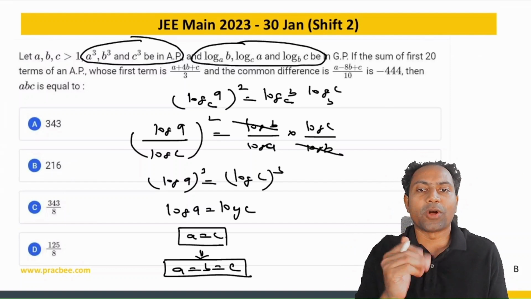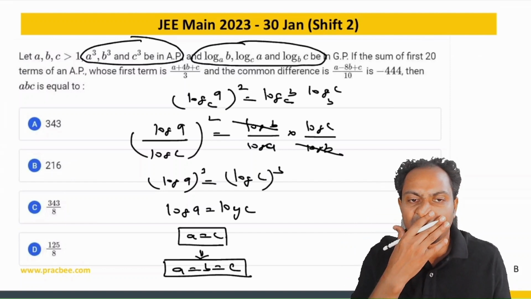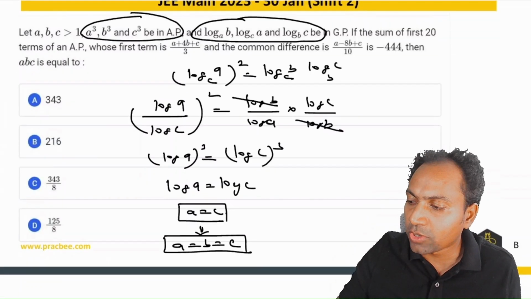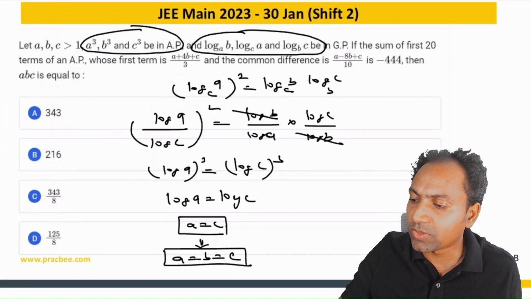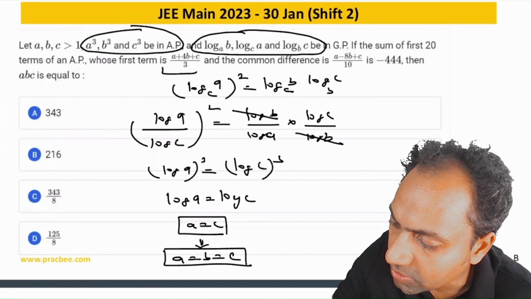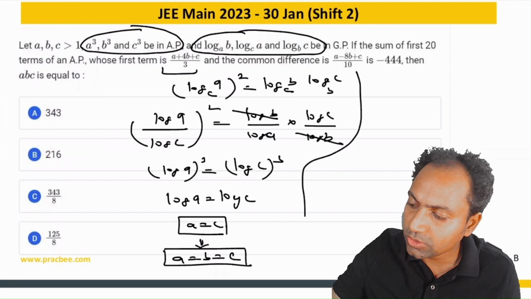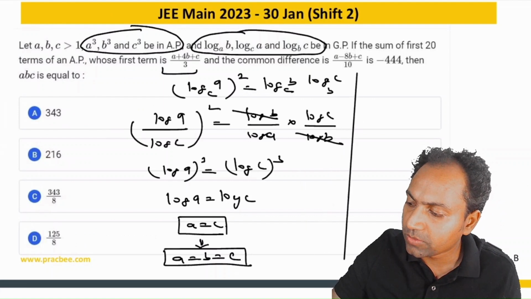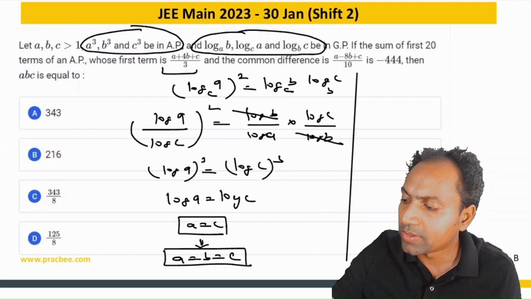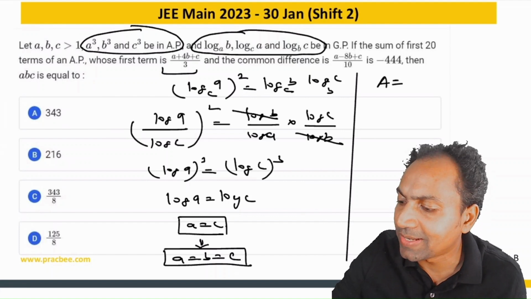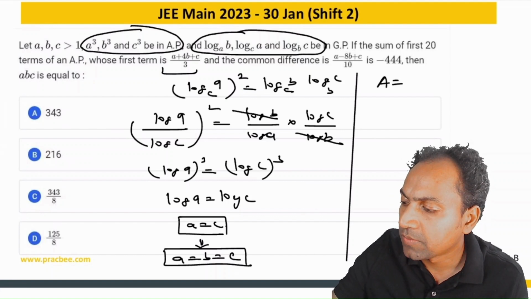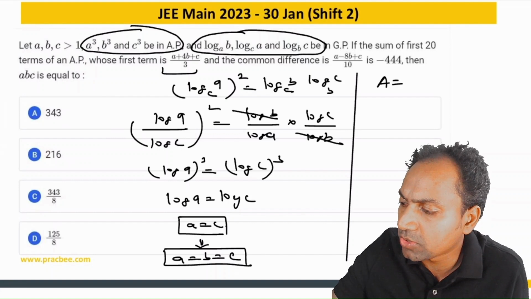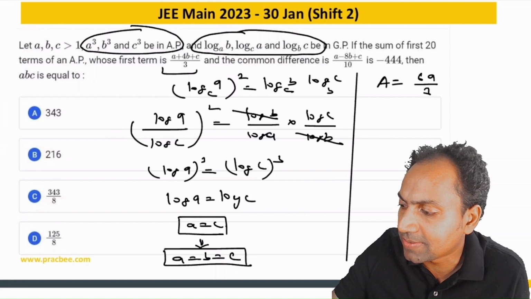Now, once we have gone from there to here, they are talking about another series. In this series, they are saying the first term is equal to this, so let us also write that alternative series. The capital A is nothing but a plus b plus c by 3. I am taking all as a, so this becomes 6a by 3, so it becomes 2a.